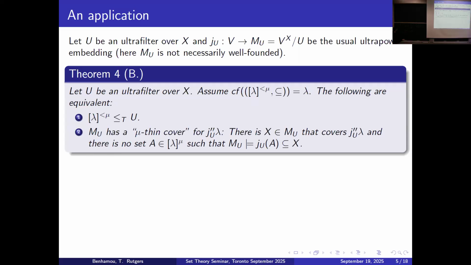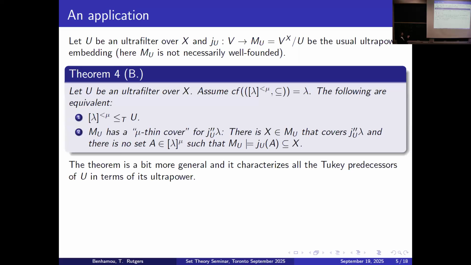Many of the orderings which we have on ultrafilters, for example the Rudin-Keisler ordering or the Rudin-Frolik ordering, all have very useful ultrapower characterizations. The 2k order doesn't seem to have one. In fact, that theorem is a bit more general. It characterizes the 2k order. This is just a byproduct of it.